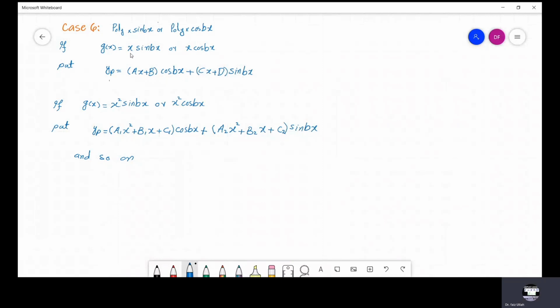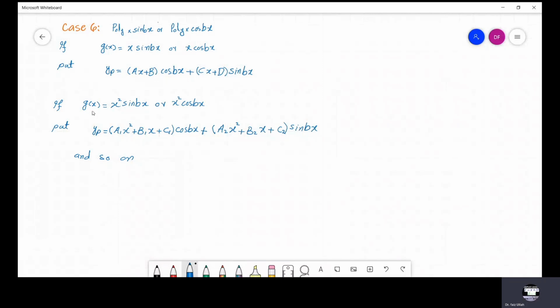By x here we mean if we have any first degree polynomial, x may be 2x, 3x or 2x plus 1. For any first degree polynomial multiplied with sine bx or with cos bx, we shall use this substitution.